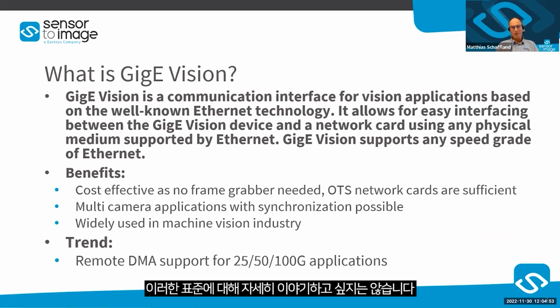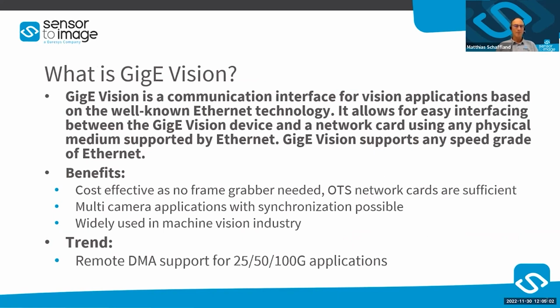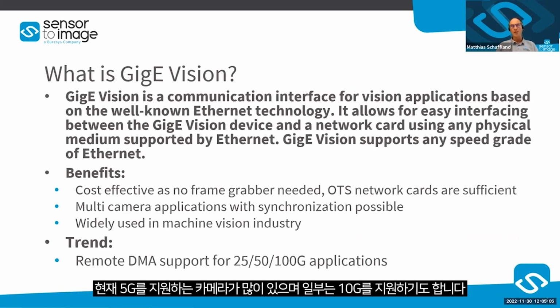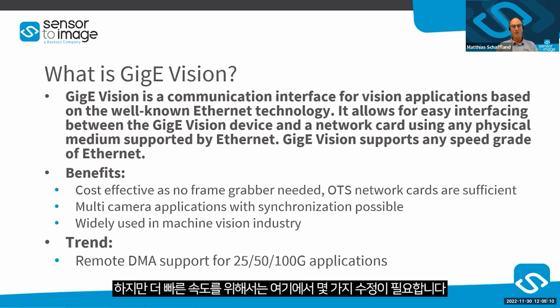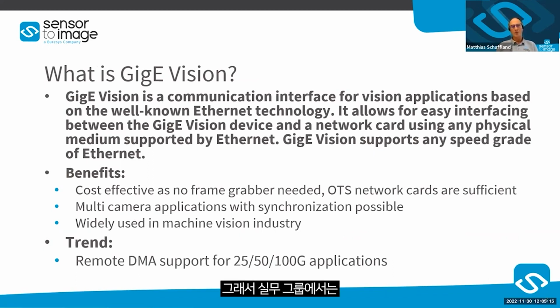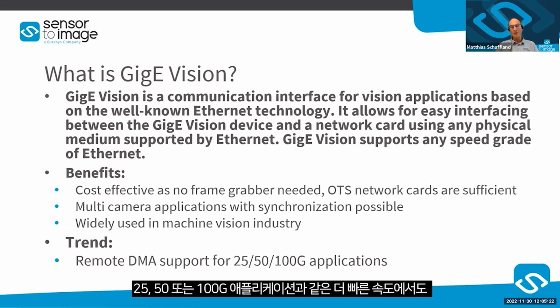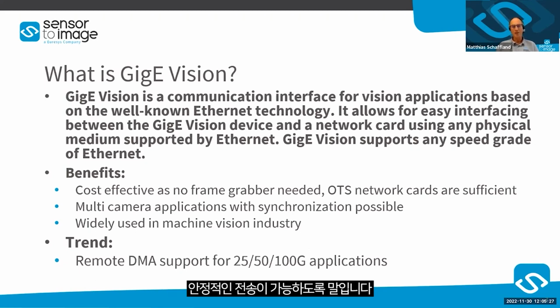I don't want to talk too much about these standards in detail, just there's a trend, especially for GigE Vision. Currently, you see a lot of cameras with 5G, maybe some with 10G, but for further speeds, we need some modifications. So the working group is working on remote DMA support so that we are safe for faster speeds like 25, 50, or 100G applications.